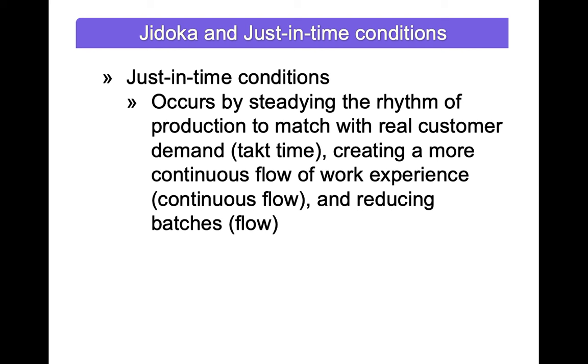You get a lot more quality out of this method. So, like I said, it's described step by step in your text. And you want to make sure that you understand these terms: takt time, continuous flow, and reducing batches, which is basically the whole thing of batches and excess inventory.